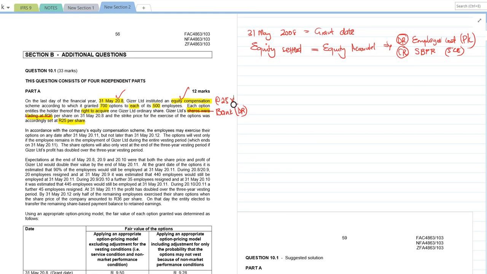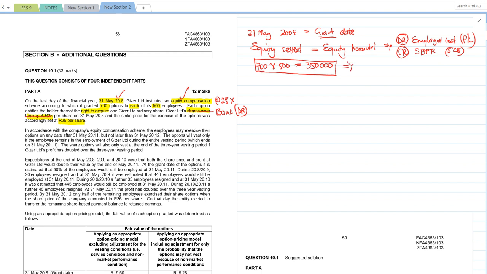We need to identify that on the grant date, the number of options granted is 700 times 500 employees, so the total number of options granted is 350,000. This is just the number of options granted, but it does not necessarily mean this is what they will exercise.